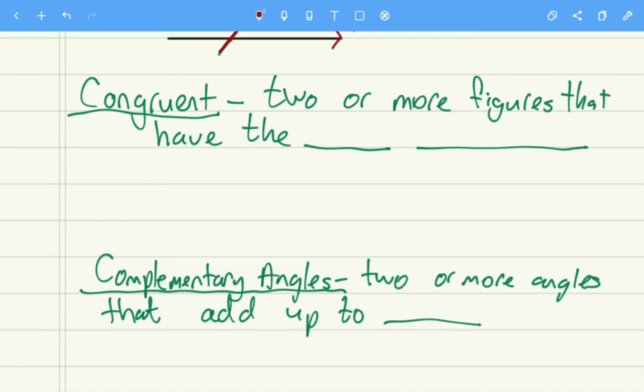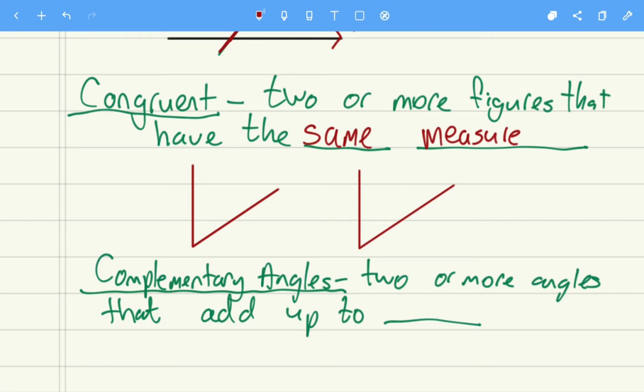Our next term is congruent. Congruent figures are two or more figures that have the same measure. In this unit, we are dealing with angles. So you'll see that two angles can have the same measure, like these are both 60 degrees.